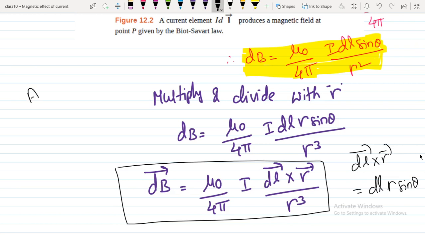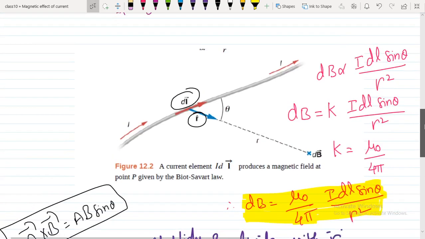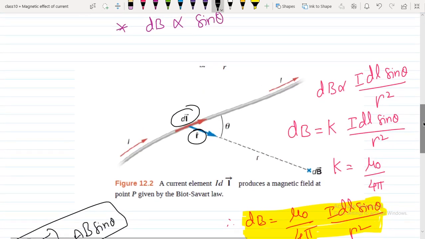If you remember, a bar cross b bar equals ab sine theta. That is the cross product rule. So it means the r sine theta component of the position vector is contributing along with this elemental length.